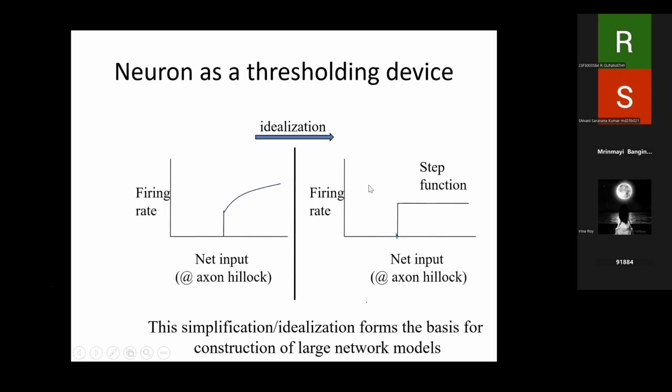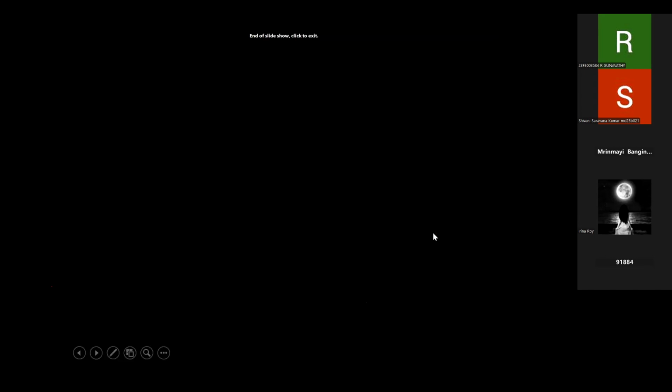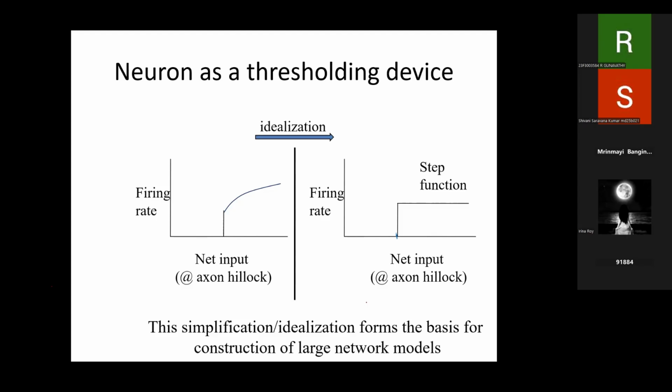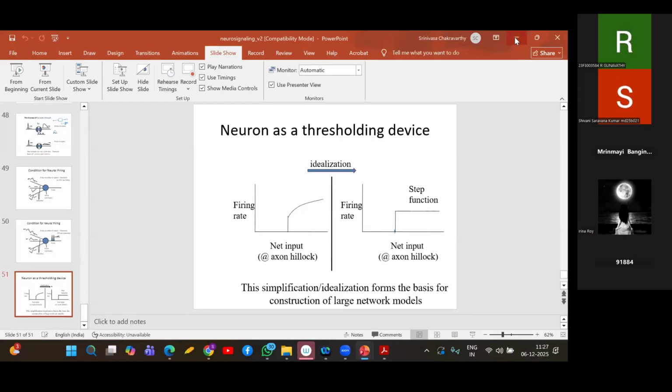So you can think of the neuron as a step-like device. What it does can be described as a thresholding operation. If the total input is less than a threshold, the neuron doesn't respond. If the total input is greater than the threshold, it responds. It has a step-like response, and this nonlinearity is very crucial for its computing functions.